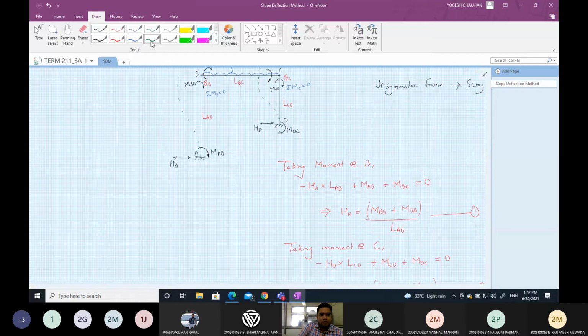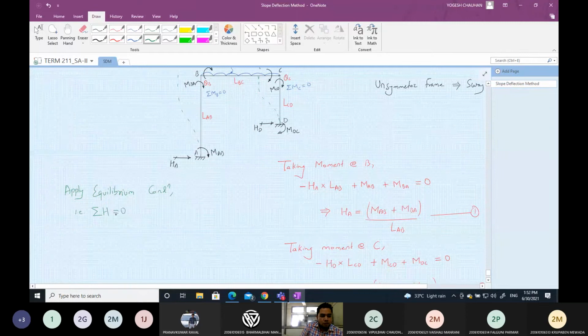So now apply equilibrium condition, that is summation of all the horizontal forces equal to 0. So this implies here the horizontal forces are HA and HD. So sum of HA plus HD should be equal to 0.